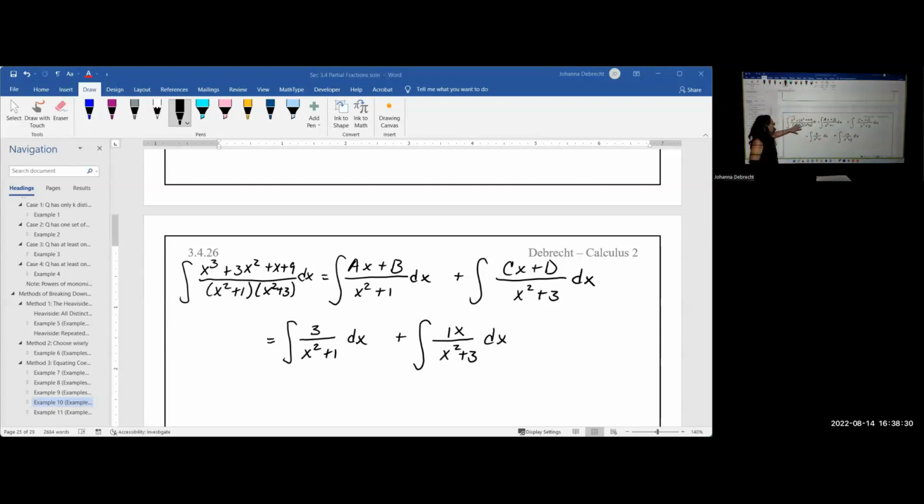So now what we have is the original expression on the left, which was decomposed into these 2 simpler rational expressions with irreducible quadratic denominators. And then we found the values of A, B, C, and D so that our new reduced rational expressions become 3 over x squared plus 1 and 1x over x squared plus 3.